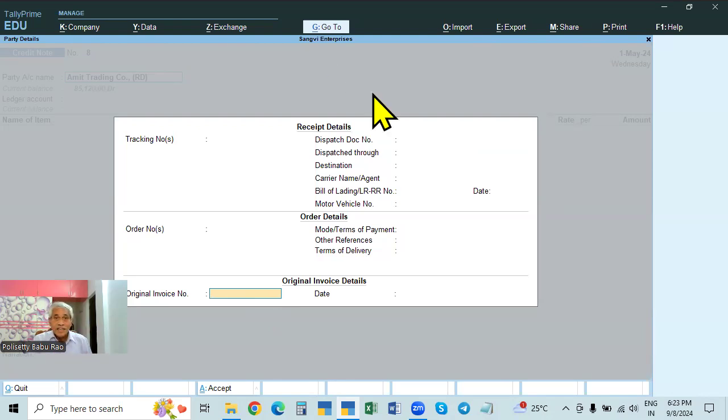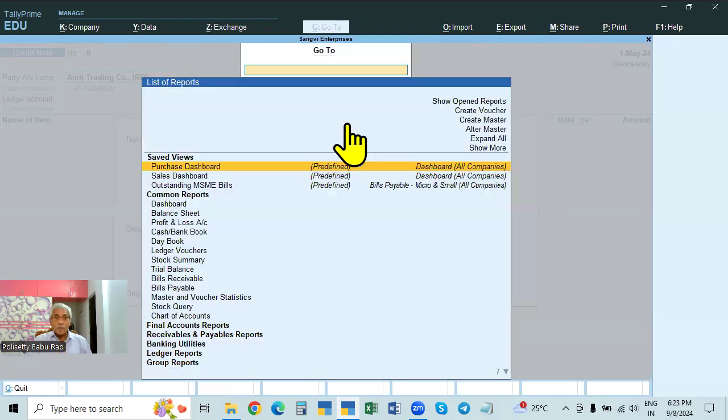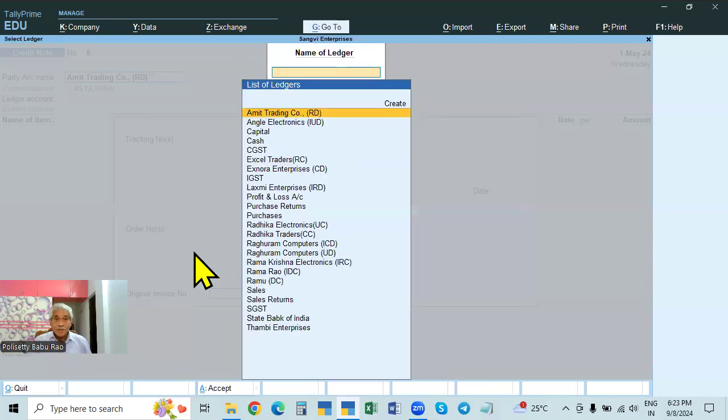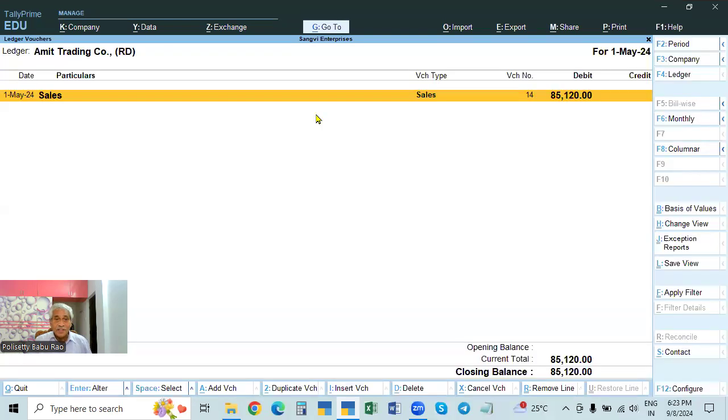And here there is Go To. Go To means Alt G. You can press Alt G on the keyboard also. Go To will have everything available. Now we are in the party ledger, so go to ledger vouchers. What is the name of the party? Amit Trading Company.